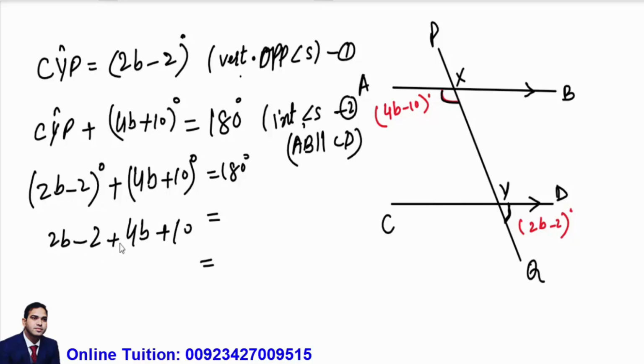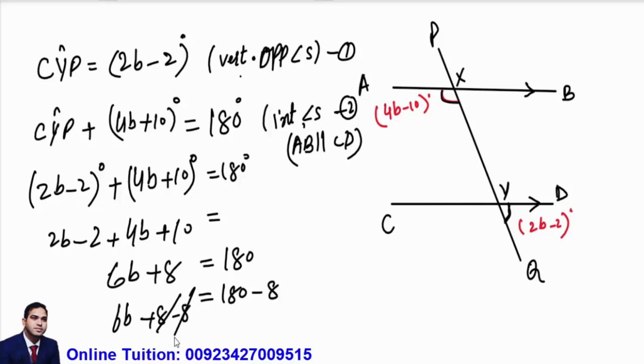Okay, now this is 6B, 2B plus 4B is 6B. This is plus 8 and 180 degree. Now subtracting 8 on both sides, this is 180 negative 8, this is 6B plus 8 negative 8. This is cut off, and this 6B is equal to 172 degree.